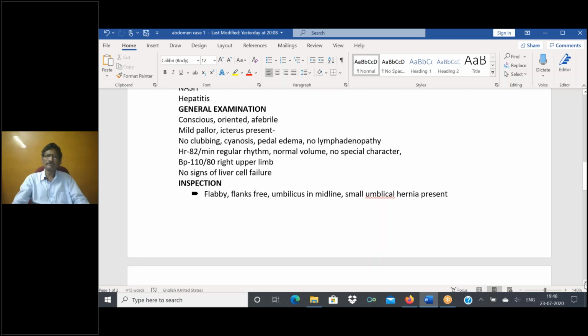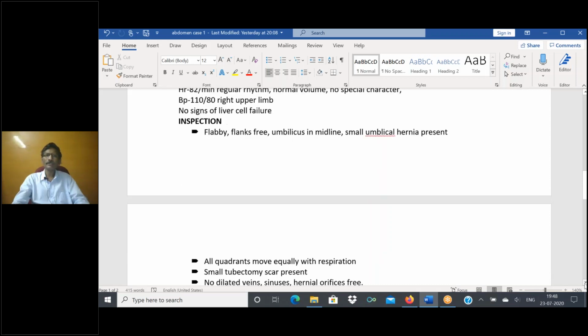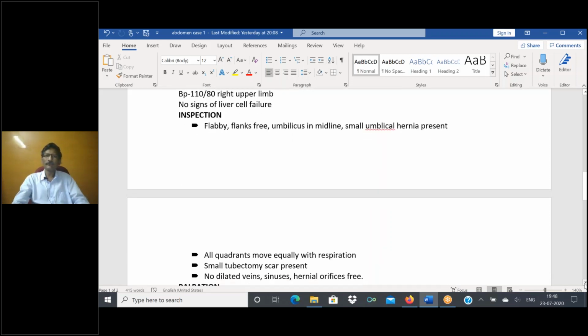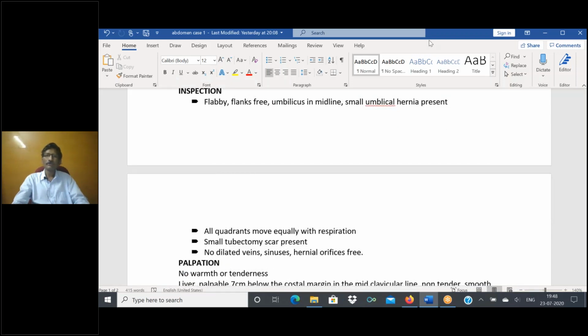Okay. Inspection, flabby, flanks free. Again here, can one of you tell the proper description of inspection? Don't miss out on the description of inspection. As I told you, examination should be clear here. So what is missed in the inspection? A description should be clear.